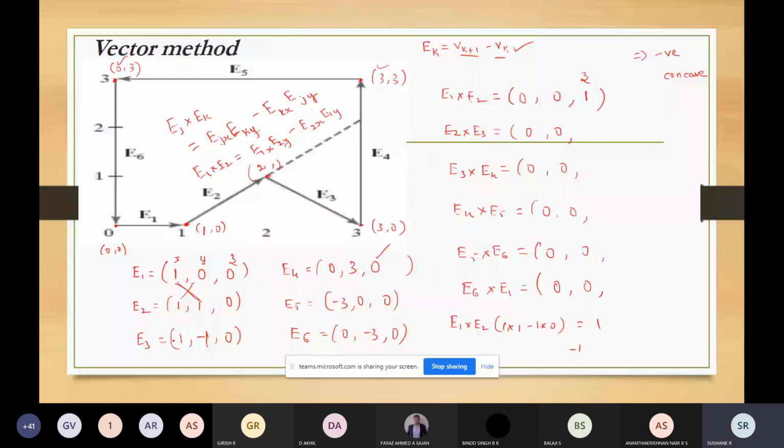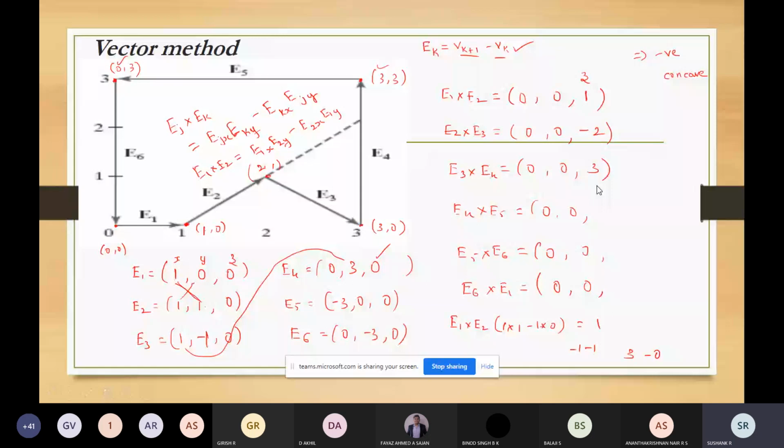For E3 and E4, 1 into 3 will be 3, minus 0 into minus 1, which is 0. So I'll get 3. So E3 into E4 will be 3. You can check that.